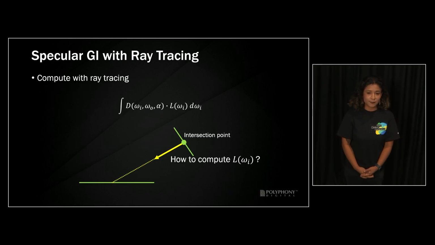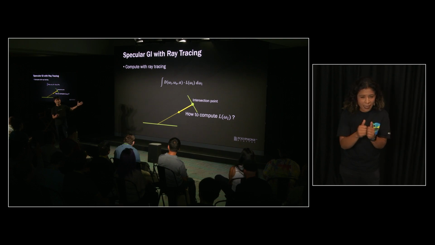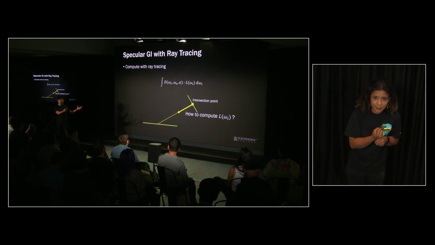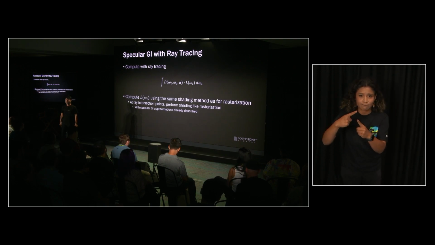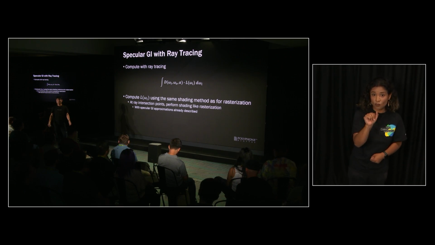Now, the integration is calculated using ray tracing, and the problem is how to compute the radiance L from the intersection point. This time, to compute the radiance, we approximate it with the same shading method we use for rasterization.